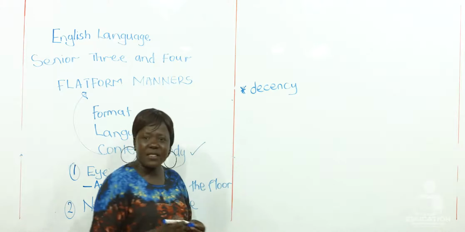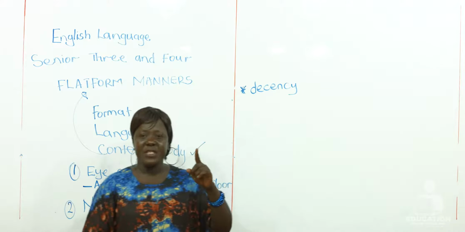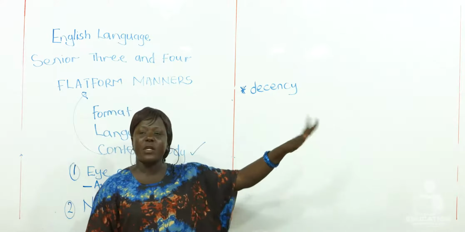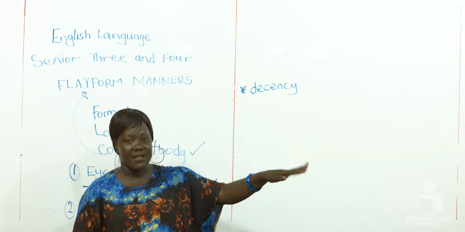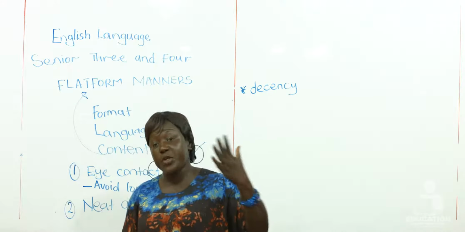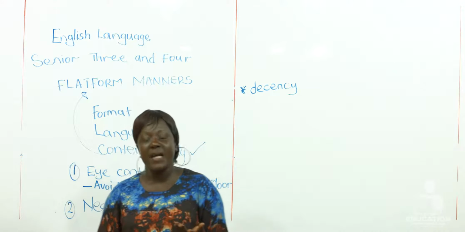Be very decent, and the spelling of decent is here, with a C, not with an S. I told you decency depends on the particular community or society or the culture of your audience or the listeners in this case. If they don't require you to put on makeup, never appear before your audience with makeup.